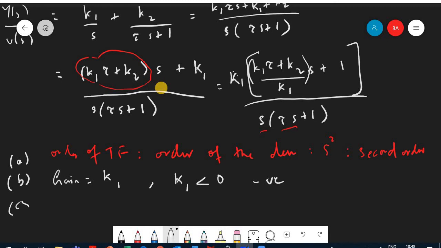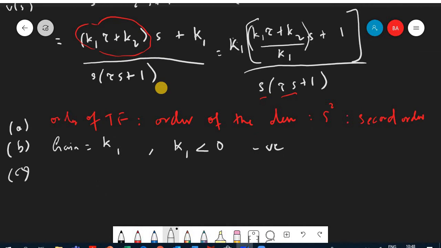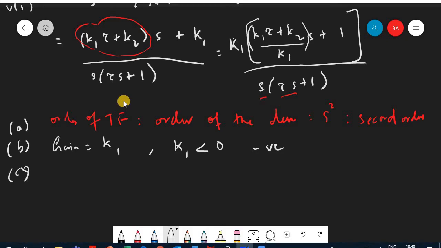Okay, let's go to part C. Part C says, what are the poles of G(s)? Where are they located in the complex s-plane? Now we are talking about the poles, which come from the denominator. Poles are the roots of the denominator.